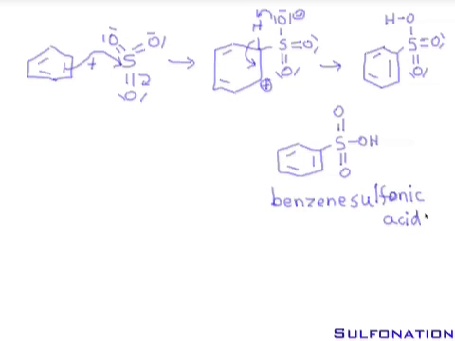Now, benzene sulfonic acid formation is a bit of an exception. If you recall, I told you that addition of the electrophile is a slow step, and indeed, in this case, it is the slow step. But the abstraction of hydrogen is, in this case, not as fast as usual.